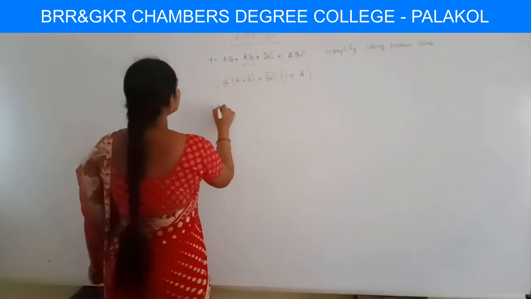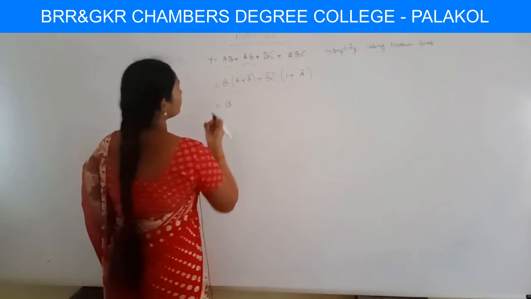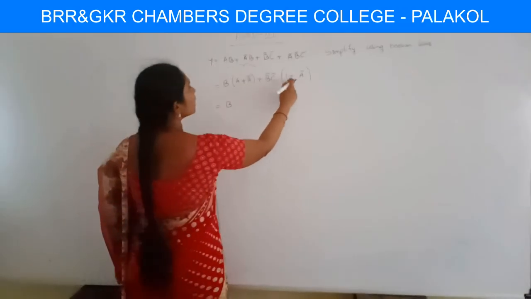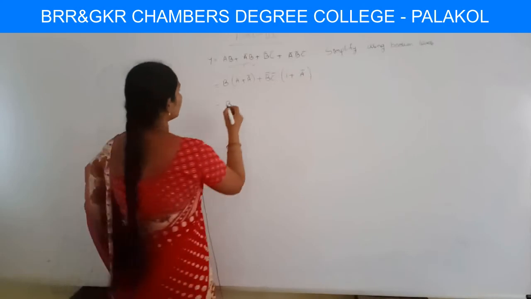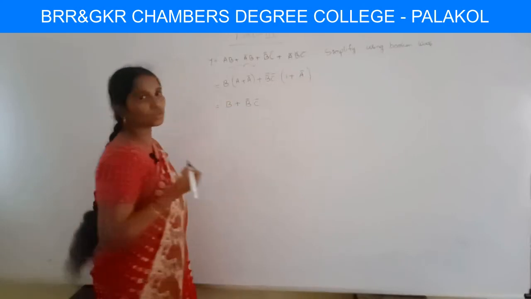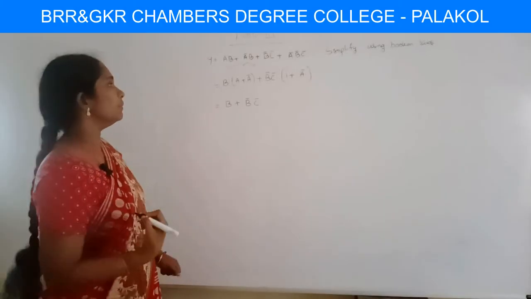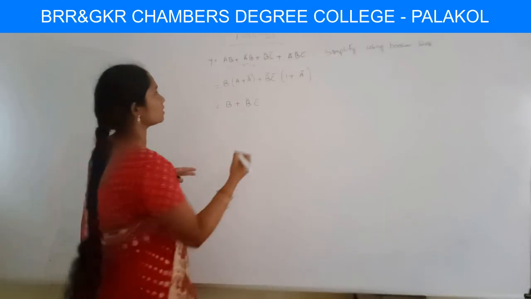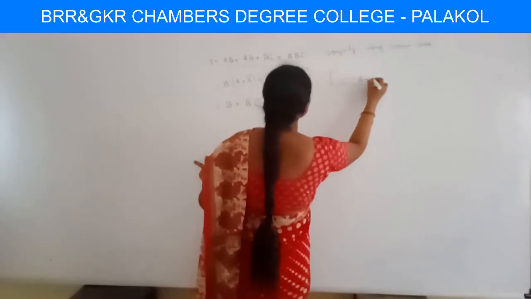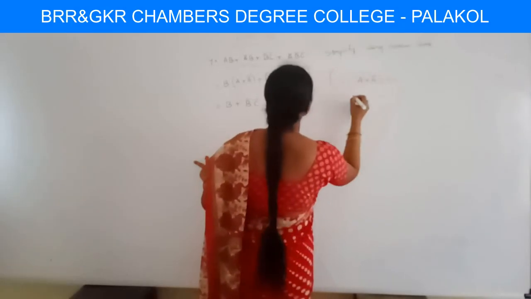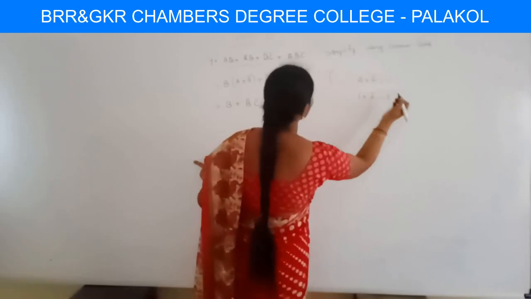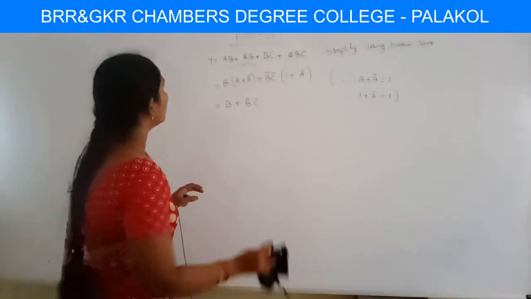So this becomes B plus B bar C bar. Likewise you have to minimize these expressions, since A plus A bar is equal to 1 and 1 plus A bar is also equal to 1.